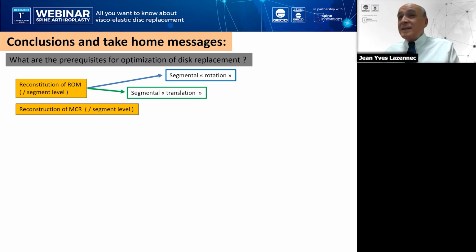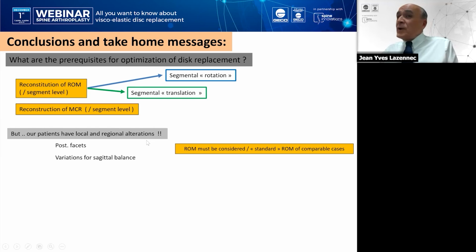And what is fascinating, I have no time to express this, is to see the adaptation of the adjacent center of rotation. And we see that with time we have an adaptation of the center of rotation of the adjacent level. So probably a possibility, a hope of protection of those levels. But our patients have local and regional alteration.